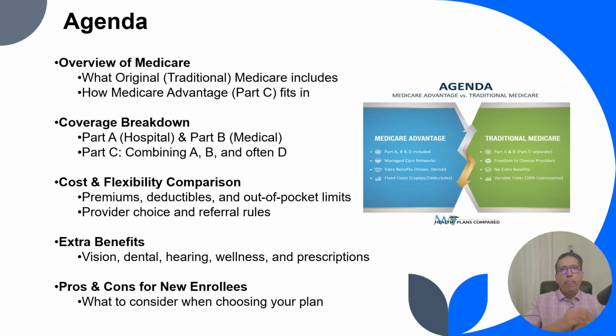Provider choice and referral rules are also another difference. So, original Medicare allows you to see any doctor who accepts Medicare, no referrals needed. Medicare Advantage, however, often requires using a network of providers and may need referrals to see a specialist. For instance, if you want to see like a cardiologist or a nephrologist, right?